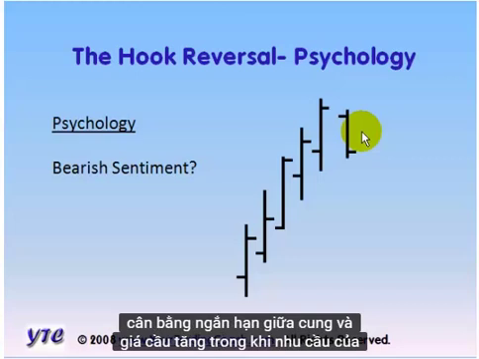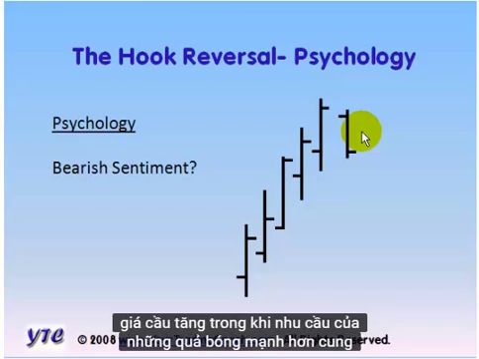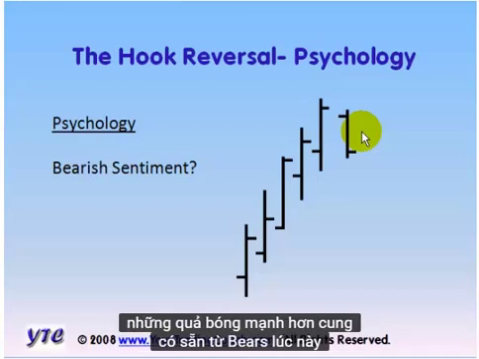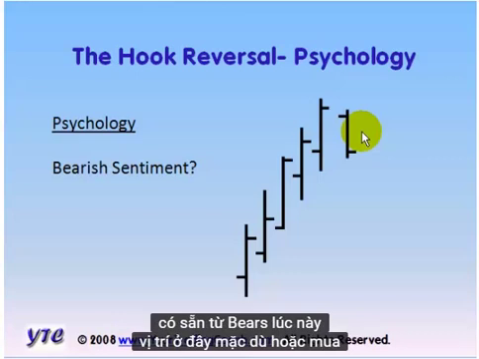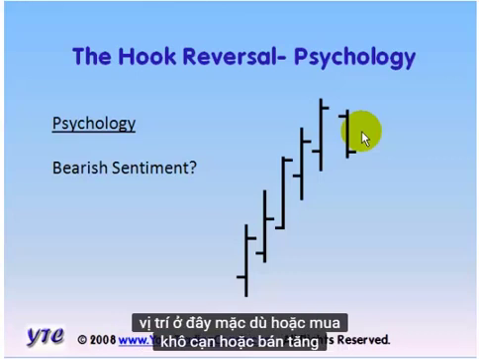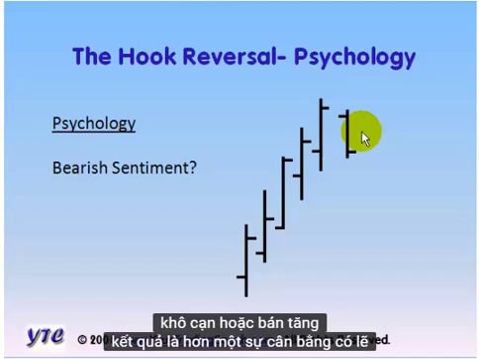Price rose while the demand of the bulls was stronger than supply available from the bears. At this position here though, either the buying dried up or the selling increased, resulting in more of a balance.